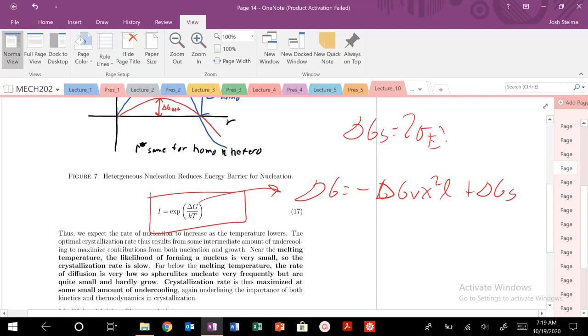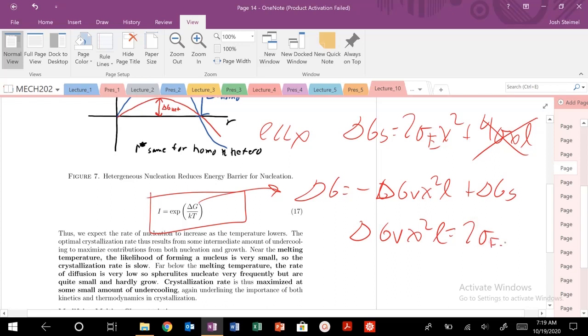E x squared plus 4 sigma XL, but we know that L is much, much smaller than X, so this term gets canceled, and we found this relationship that our lamella spacing, basically this delta GV x squared L, equals 2 sigma E x squared, these cancel, so L is a function of 2 sigma E over delta GV.